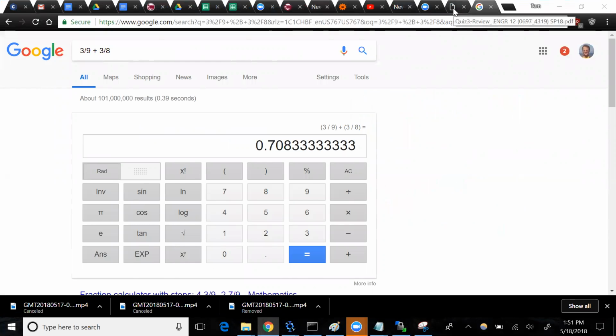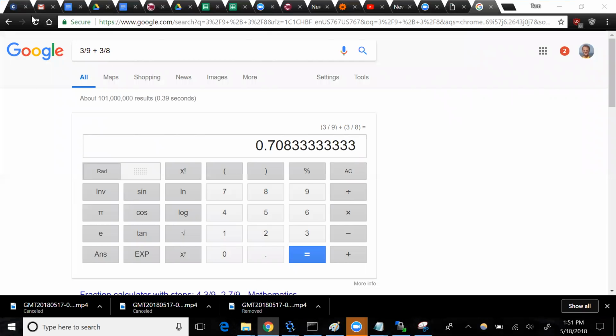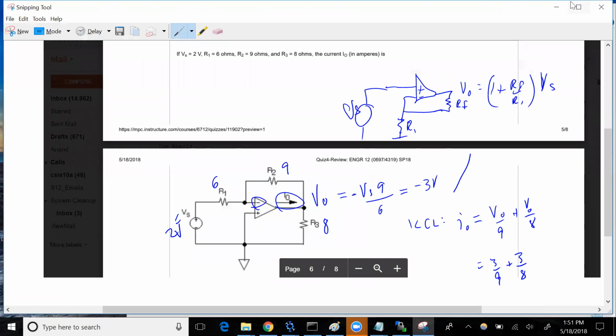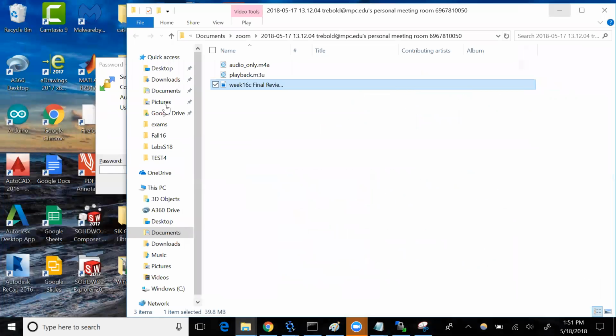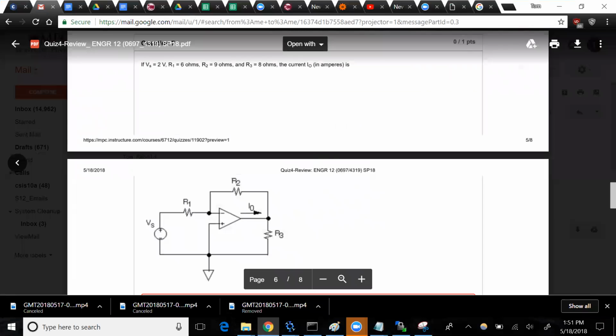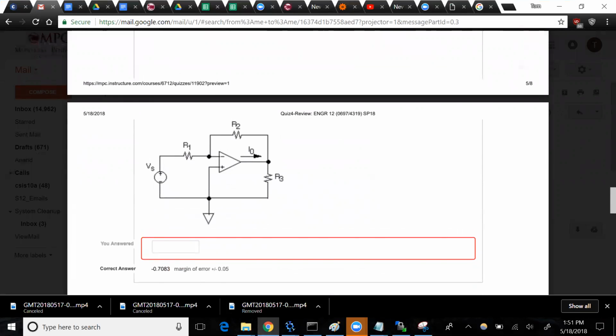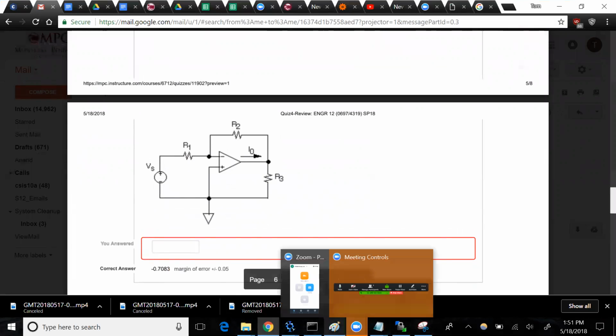Now, yeah, is that the answer or is it a sign? Let me see, because signs are always tricky. Let's go take a look at that. Wait, where am I? Snipping tool. Where did I get that from? There. Answer is minus 0.7083. Well, that's because I forgot there's a minus sign. So it's minus.